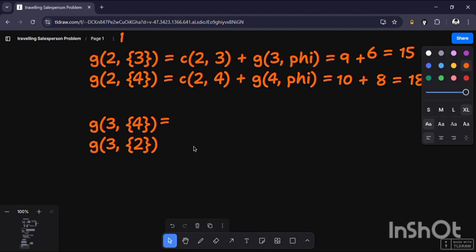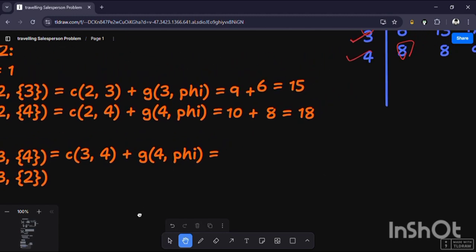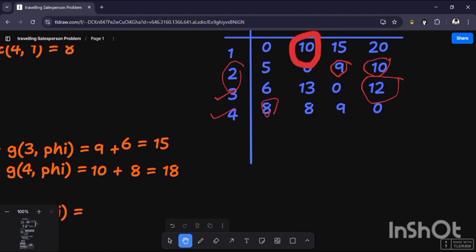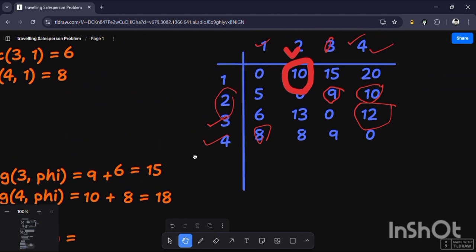And what will be the value of g of 3 comma 4? Cost of 3 comma 4 plus g of 4 comma 5. Cost of 3 comma 4, 3 to 4, is 12.